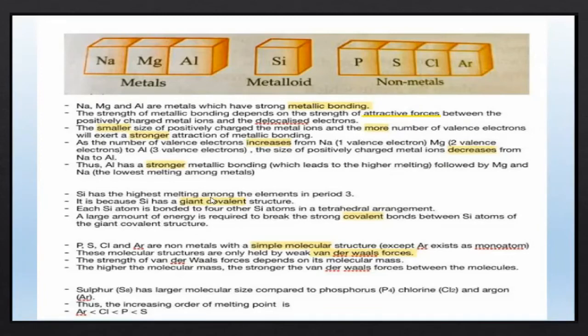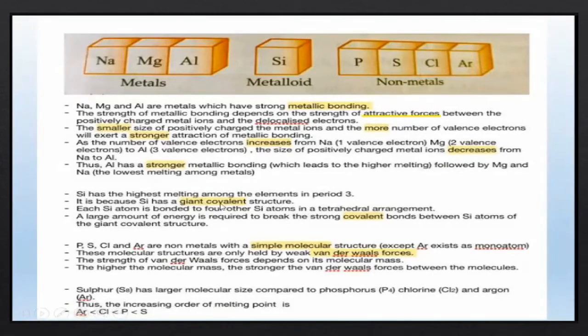Giant covalent structure. Okay, yes. Thank you, Shafika.